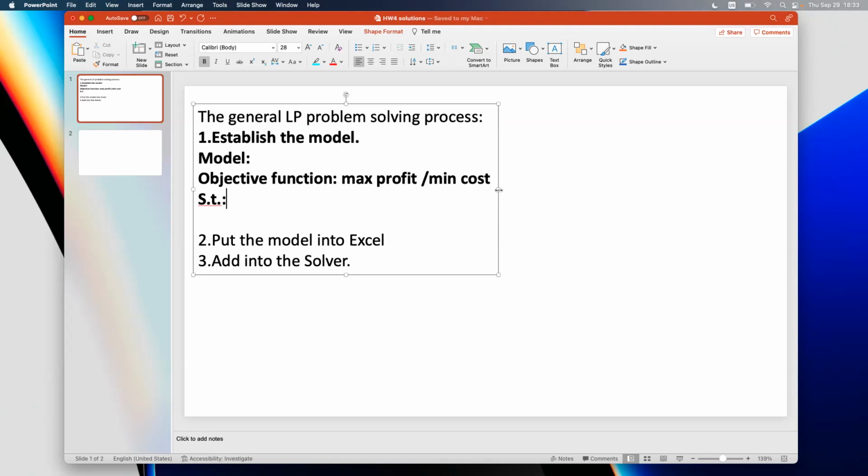Regarding the constraints, that part is a little bit more complex, because for different scenarios we can have various constraints. But the key thing is, how can we determine which value belongs to the objective function, and which value belongs to the constraints? So let's take the example of the first problem in homework 4.